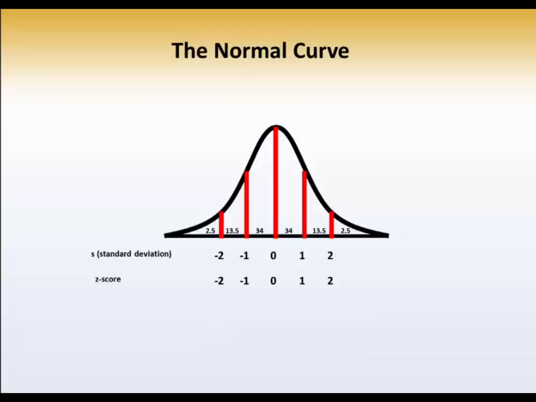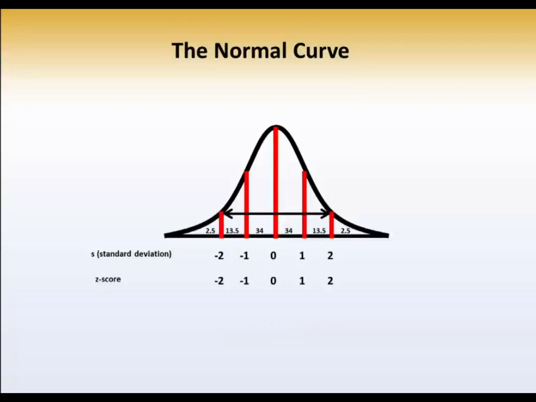Let's take a look at some other characteristics of the distribution as well. What percentage of observations fall between plus or minus 1 standard deviation? 34% plus 34% equals 68%. So the mean plus or minus 1 standard deviation represents 68% of the scores in a normal distribution. What about between negative 2 and positive 2 standard deviations?